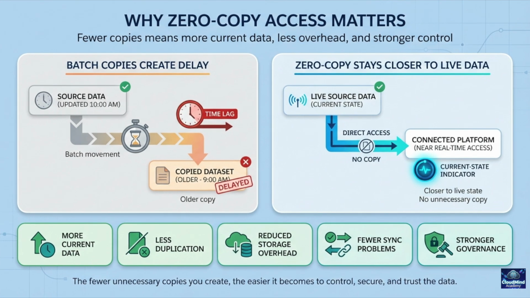And that matters, because when data is copied in batches, there is often a delay. But with a zero-copy model, the data being accessed is much closer to the live state of the source. So the benefits include more current data, less duplication, reduced storage overhead, fewer synchronization problems, and stronger governance.